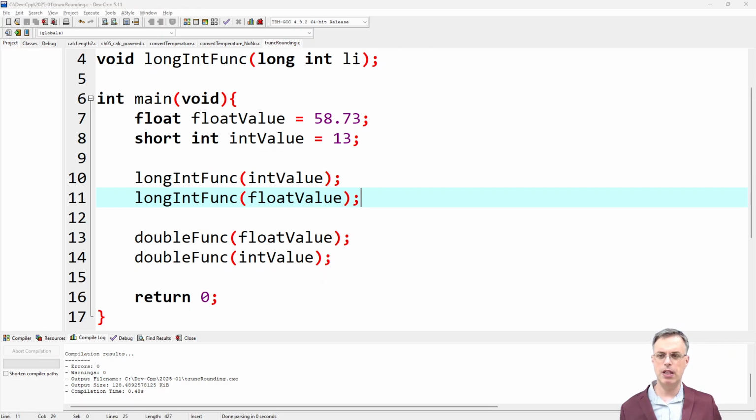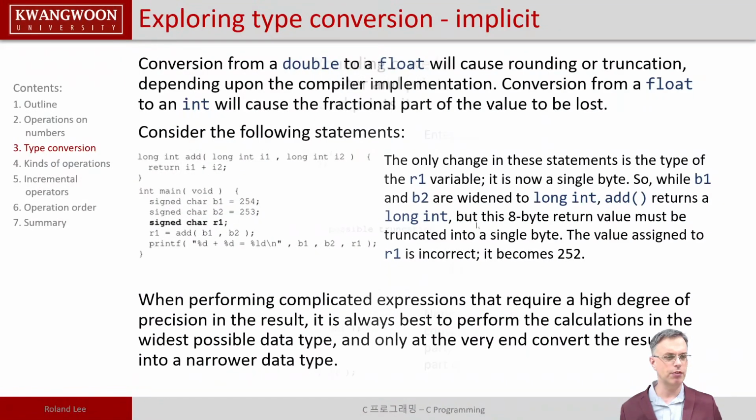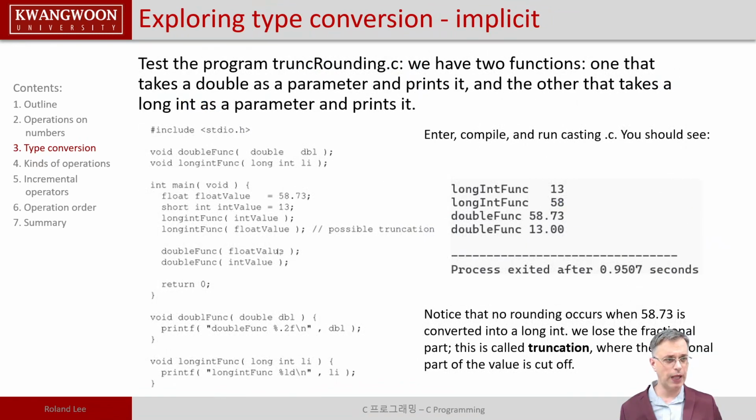However, when we do lose the fractional part, this is called the truncation. So losing the fractional part means truncation, and that is what happened. Here you go. The fractional part, so 0.73, will be cut off.